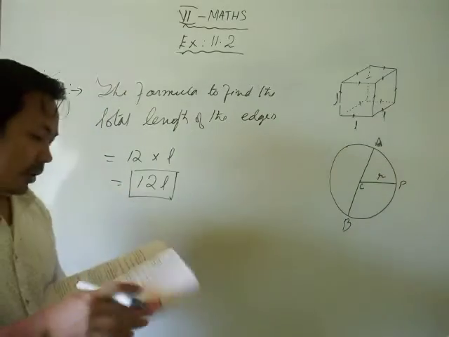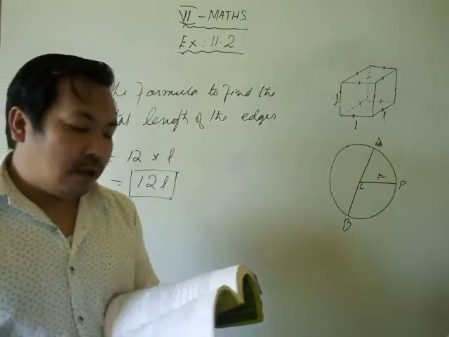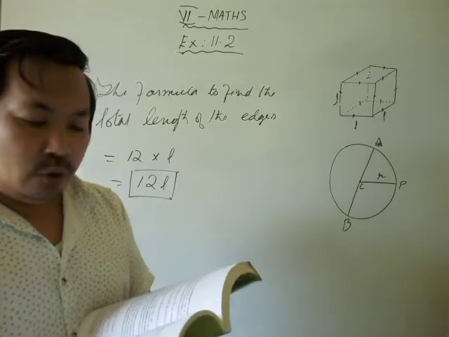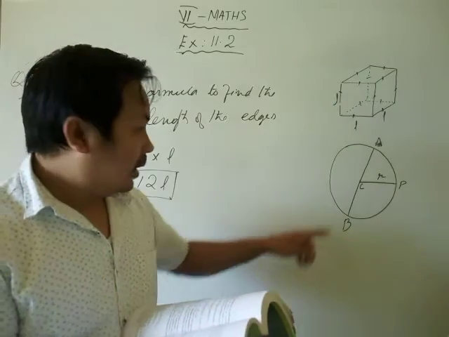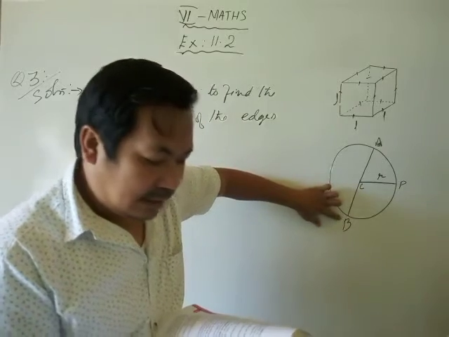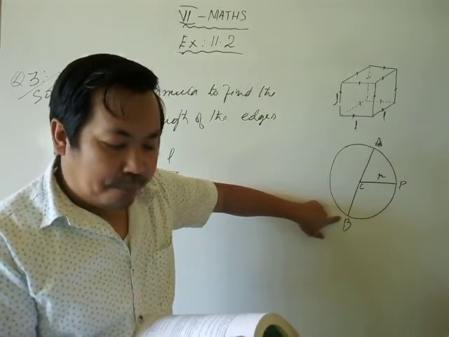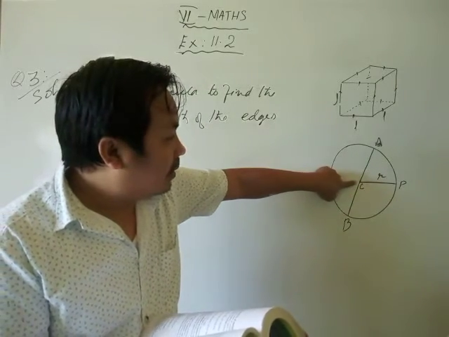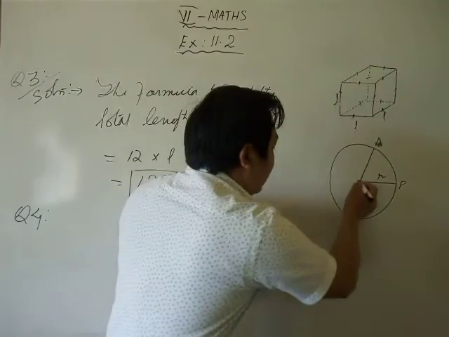Okay. The question is saying like this: the diameter of the circle is a line which joins 2 points on the circle. Yes. Diameter is a line joining 2 points on the circumference, isn't it? And also passes through the center, center C. Here, this is the center.